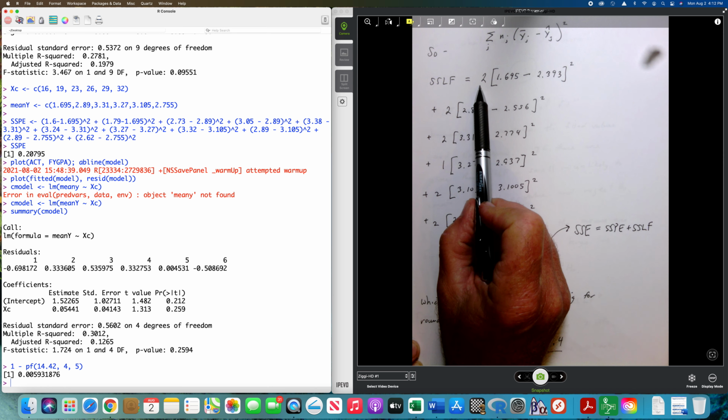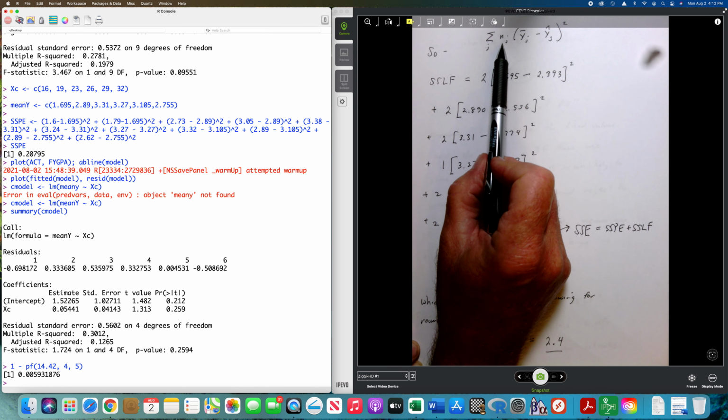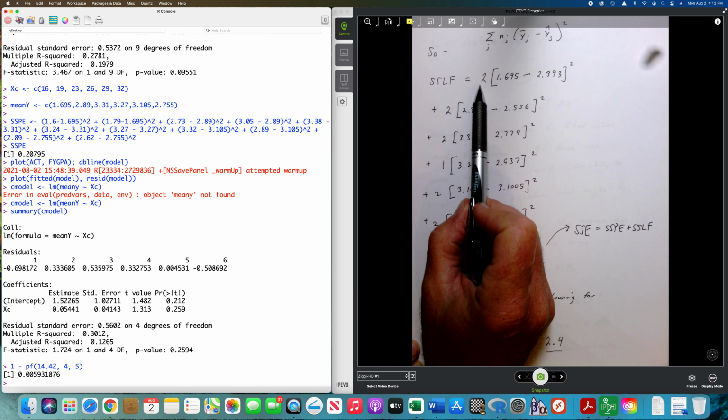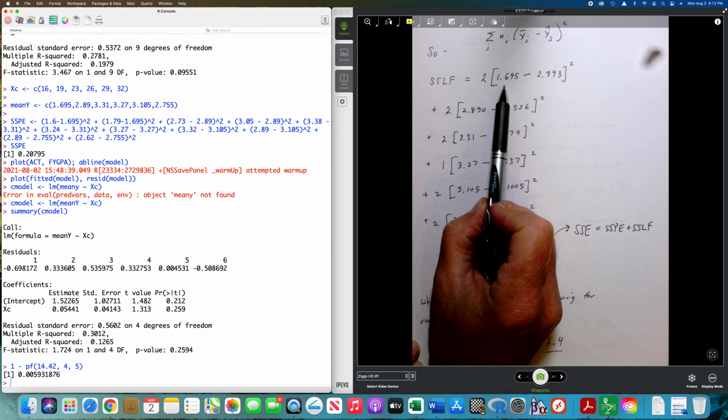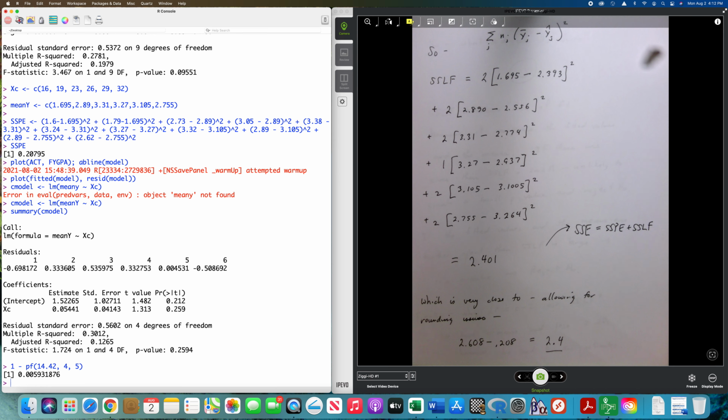So we multiply by 2 because we have 2 responses for j equal 1, which I believe was ACT equals 16. So the observed value was 1.695, the observed mean response, right?